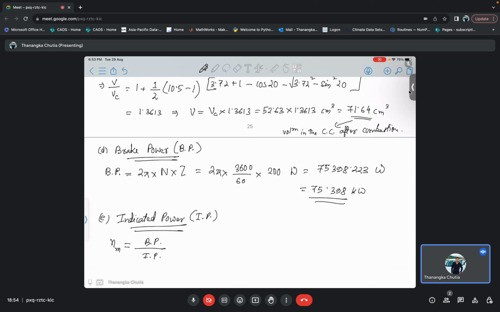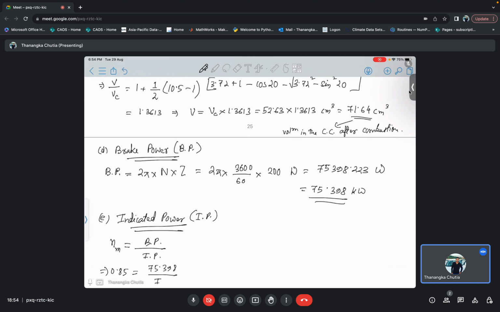The maximum possible power that you can obtain is the indicated power, that is mostly given by the indicator diagram. But the brake power is the one which you obtain actually. So you know the mechanical efficiency is 0.85. Brake power you have just calculated is 75.398.